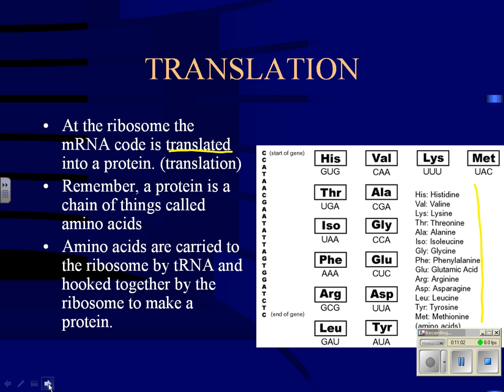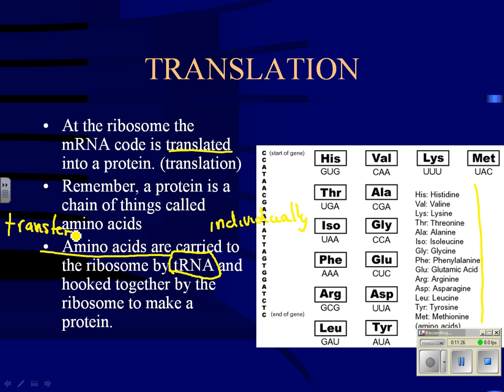These amino acids are carried individually through the ribosome by something called tRNA. tRNA is also known as transfer RNA, and its job is to carry amino acids to the ribosome.